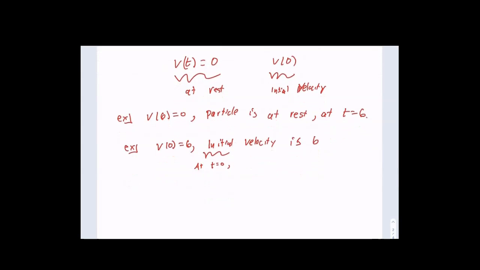The input is 6. That means at time equals 6. If velocity output is 0, the particle's at rest. If we plug 0 in, that means at time equals 0, the velocity is 6.